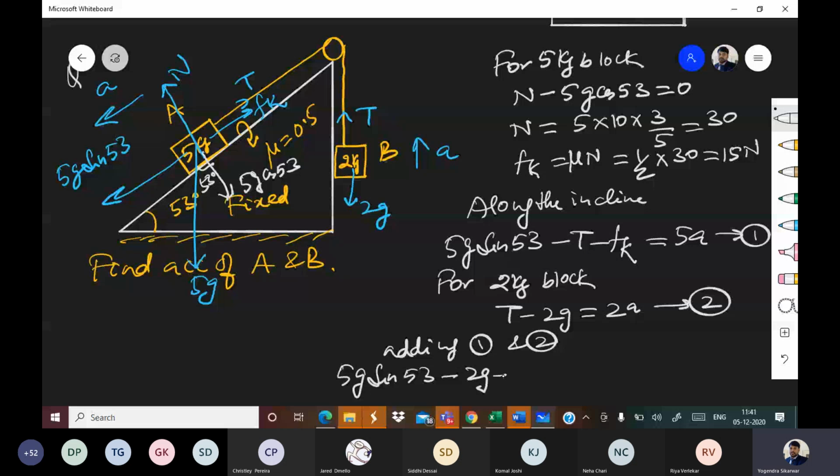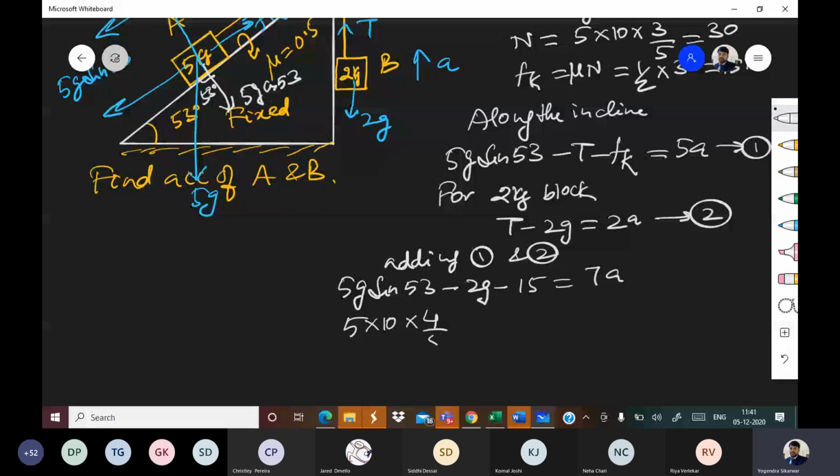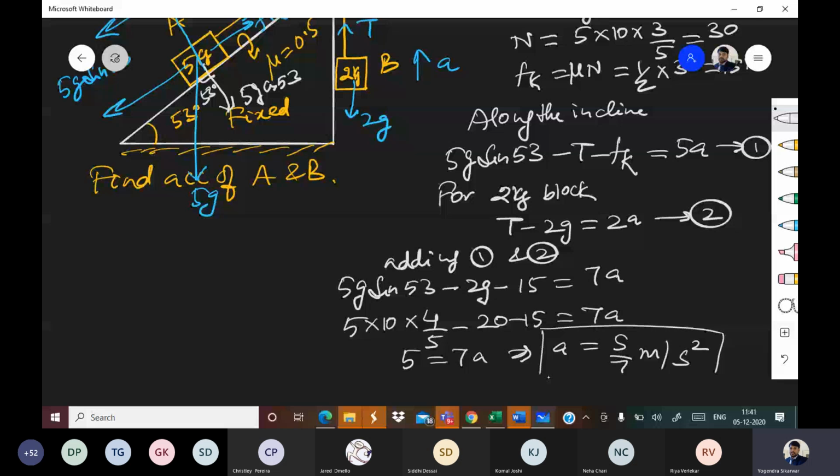So 5 into 10 into sine 53, which is 4/5, minus 20 minus 15 is equal to 7A. So 40 minus 35 is 5 is equal to 7A. So A is equal to 5/7 meters per second square. That is the answer today.